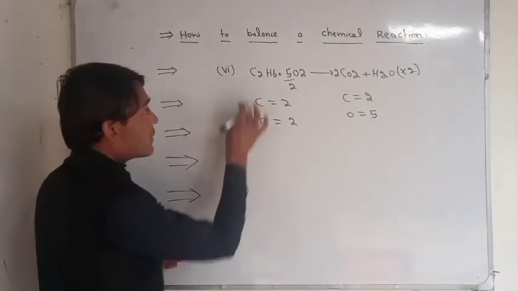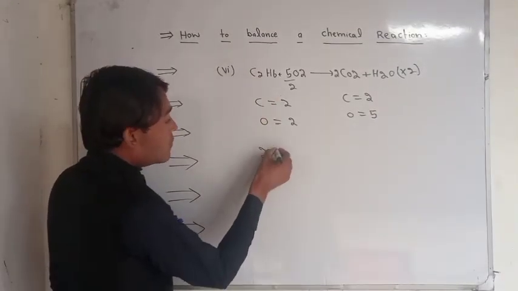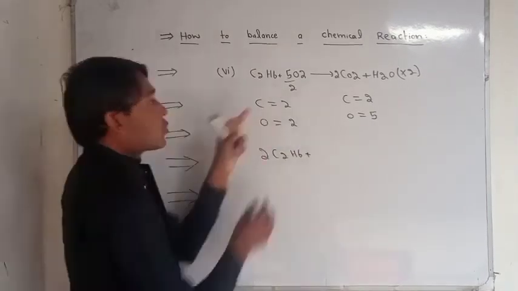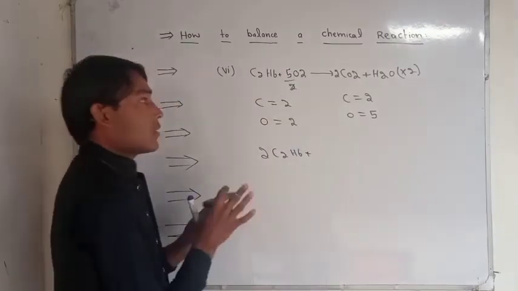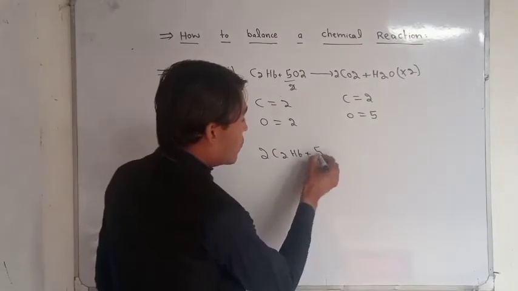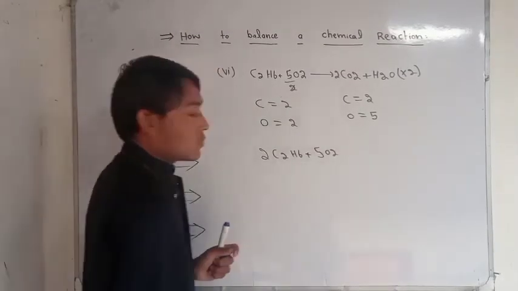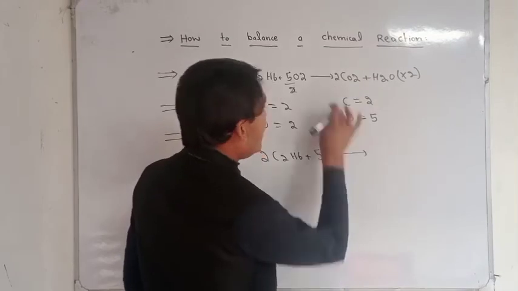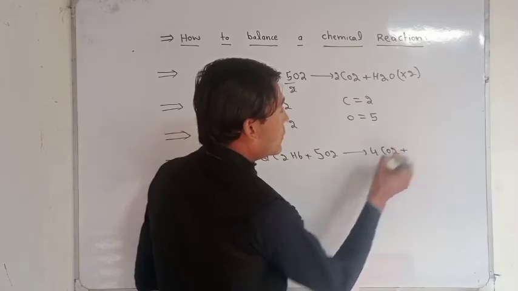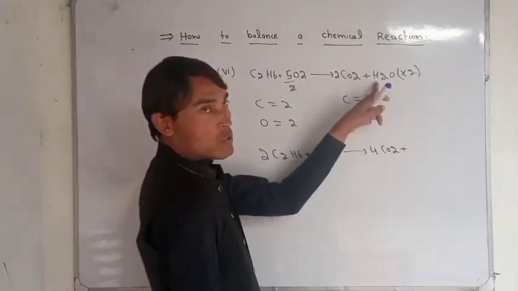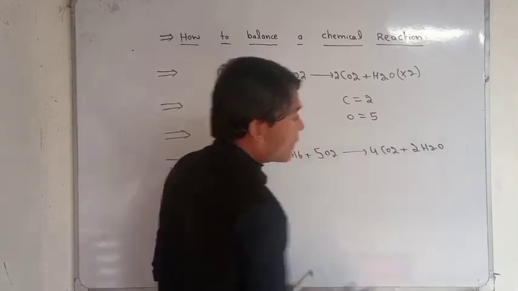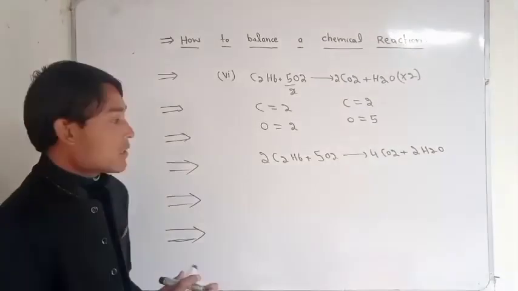So now we can write 2C2H6 plus 5O2, because the 2 multiplies with the 5/2 and removes the fraction. Then 2 twos are 4, so 4CO2 plus, there is 2 times 1, so 2H2O.